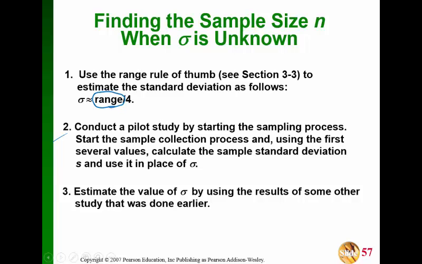I don't know about that. And then the other thing is that you can rely on somebody else's study that they've done in the past and use that sigma, which if the past is way past 1997, you probably don't want to use that. So these are possible ways to find a value for sigma so that you can use that formula.